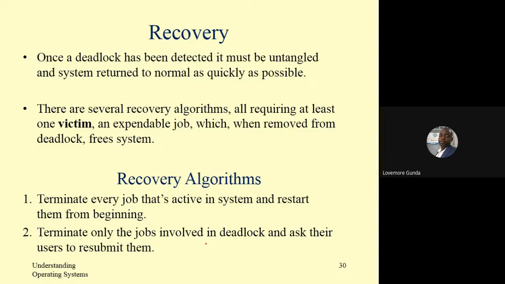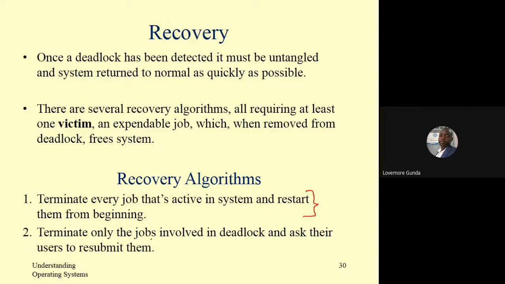So how can we recover from a deadlock? One, we can terminate every job that is active in the system and restart from the beginning. This is a rather costly algorithm because we have to restart again. So in this case, when there's a deadlock, all processes are killed and then it starts afresh.